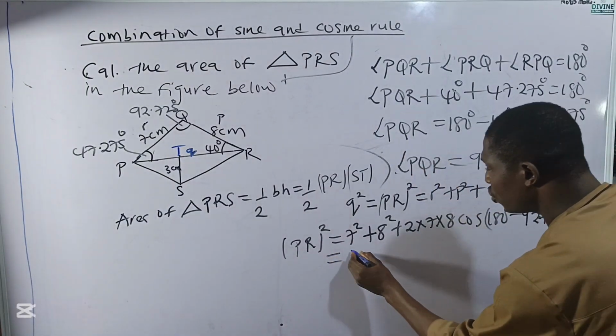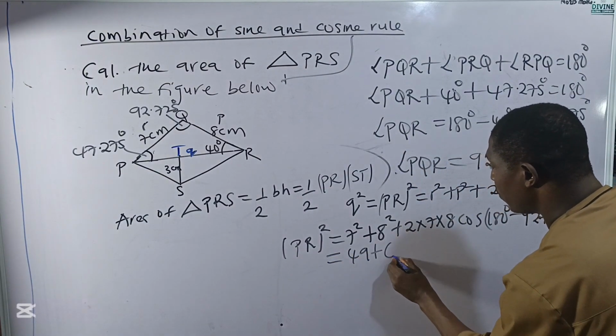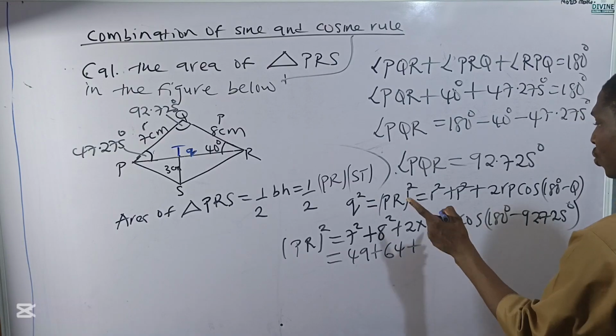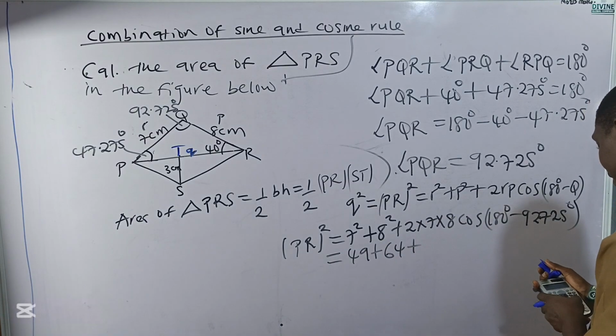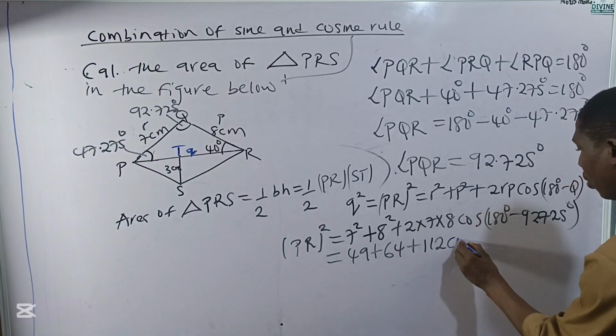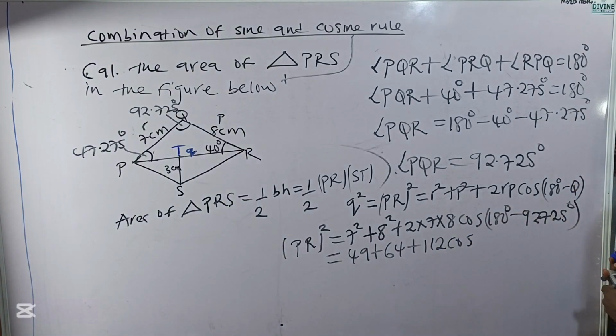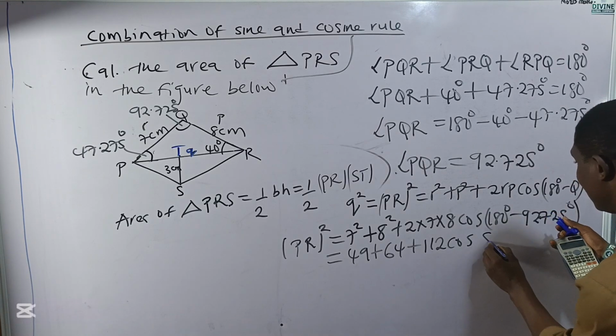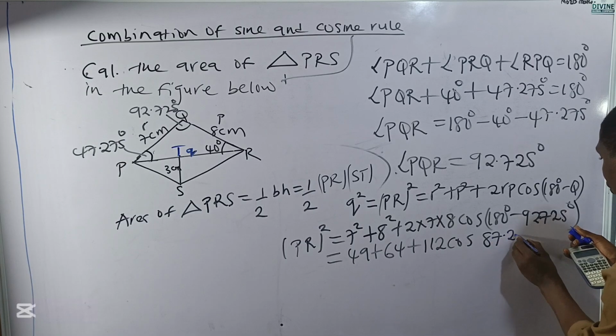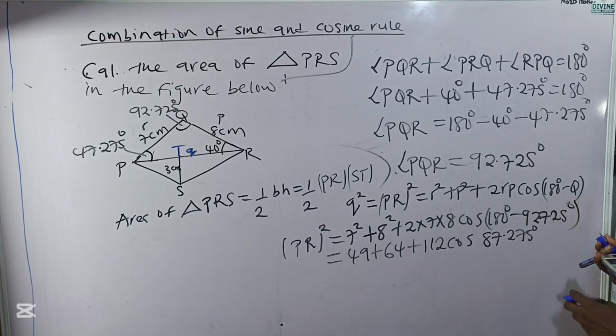So this will give me 7 squared is 49, 8 squared is 64, plus 2 times 8 is 16, and 16 times 7 will give me 112 cos of 180 minus 92.725, and that will give me 87.275 degrees.